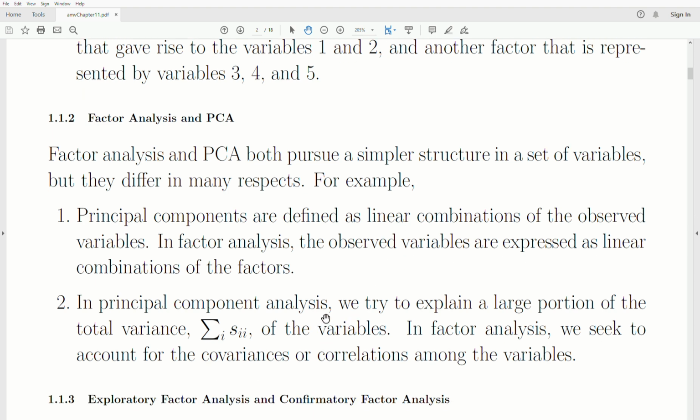In principal components analysis, we try to explain a large portion of the total variance of the variables, and in factor analysis, we seek to account for the covariances or correlations among the variables.